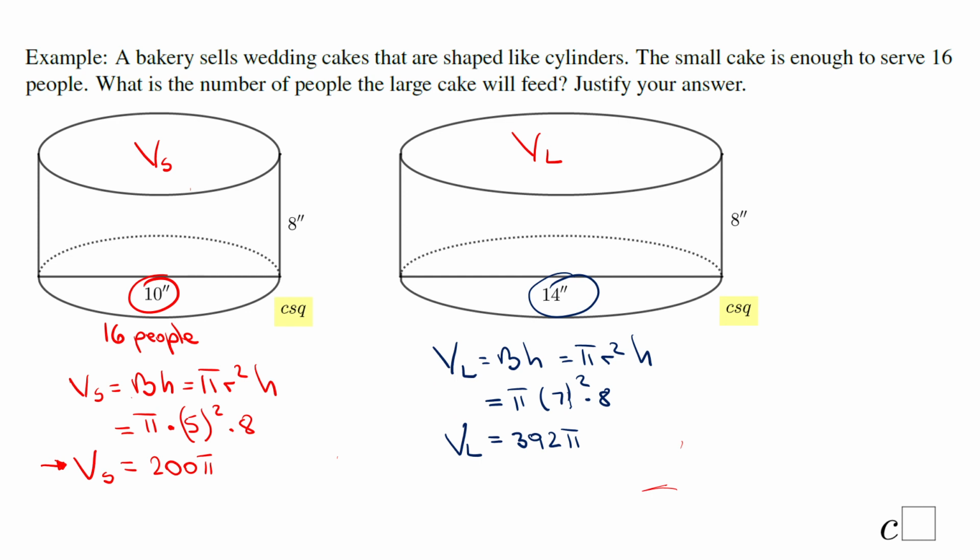So now, look at here what I will suggest you to do to finish this problem. Write a proportion. What do I mean by that? The first cake, which has a volume of 200 pi, remember we did find out, is right here. We are able to serve 16 people.